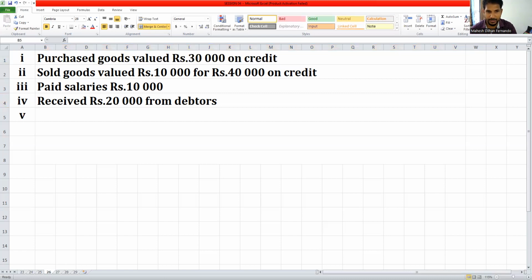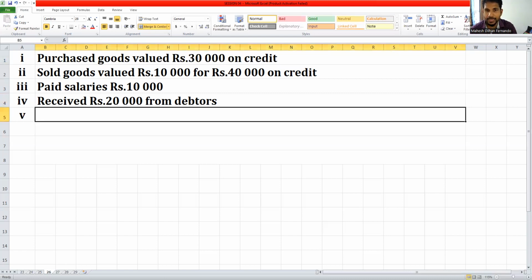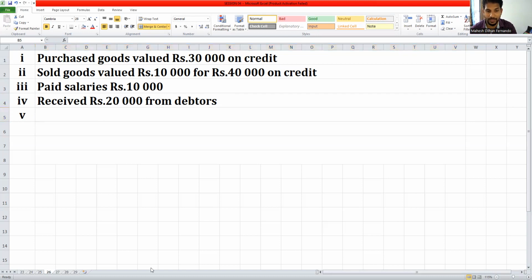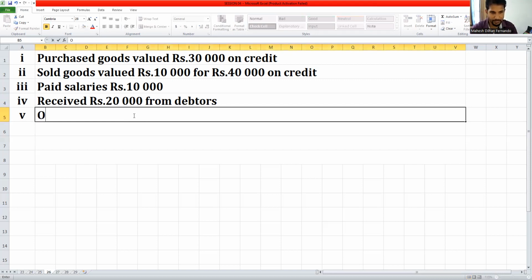Okay. Transaction number 5. Office equipment minus 60 and capital minus 60. What has happened here? It can be destroyed, right?